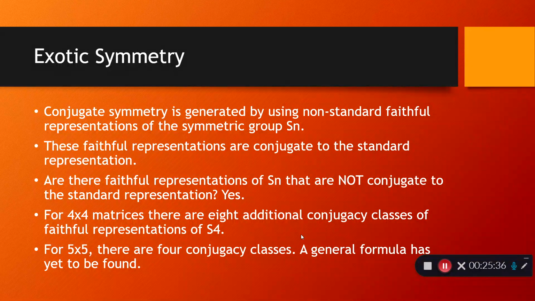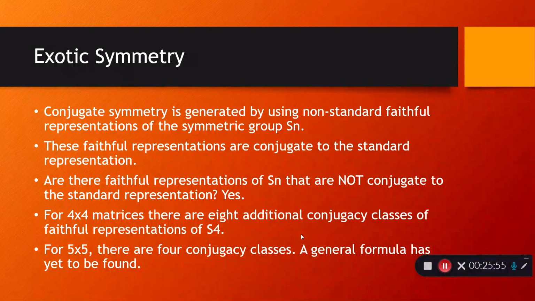A general formula is yet to be found, so we can't really say anything about S sub n, except I do know that these exotic symmetries exist for all n. I mean, that can be shown.